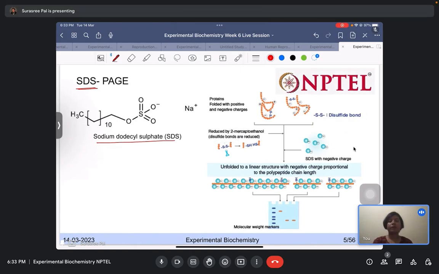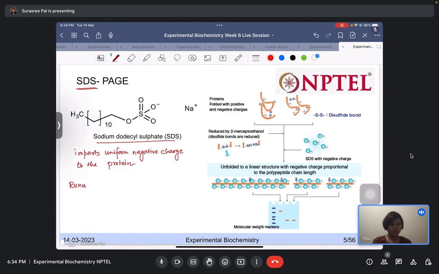You can see that it is a negatively charged molecule, and what it does is that it denatures the protein, and it imparts a uniform negative charge to the protein.